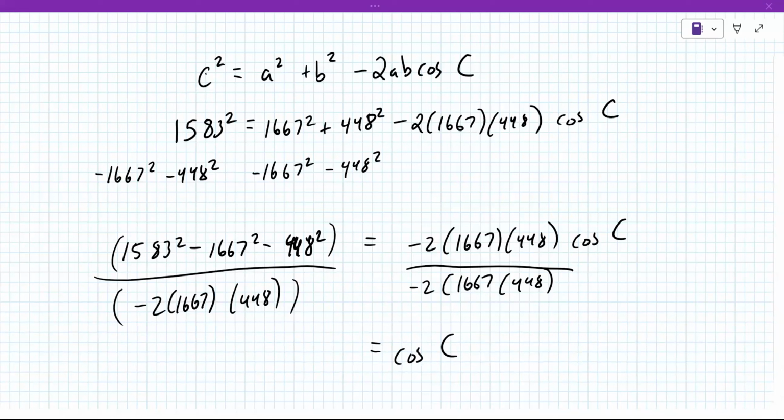It's always a good idea to do the calculation twice. Okay, I've got a different number, so probably a good idea to run that calculation through one more time. Okay, I think I just plugged something in wrong.